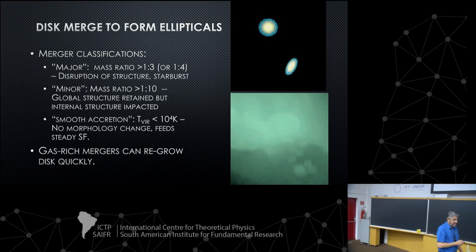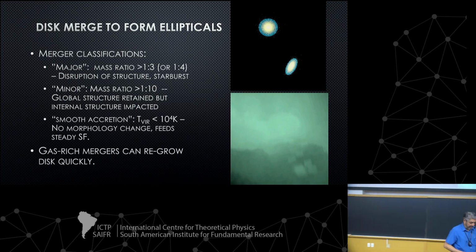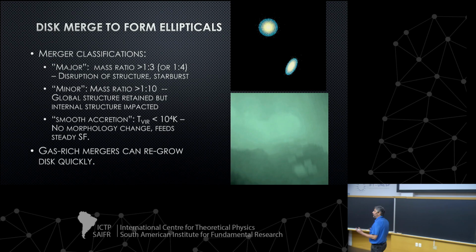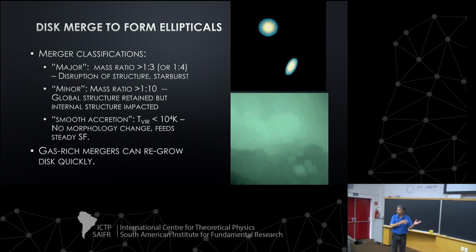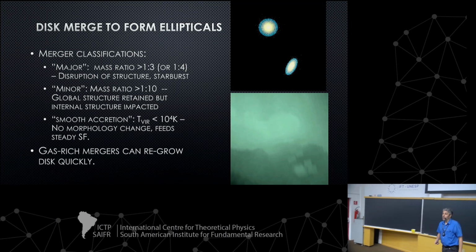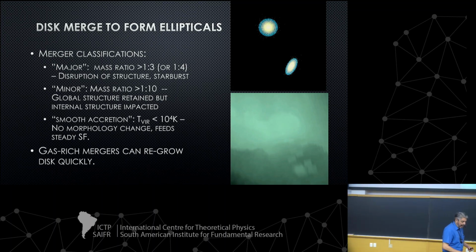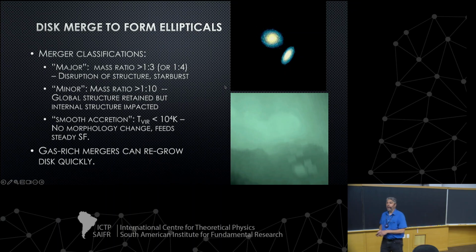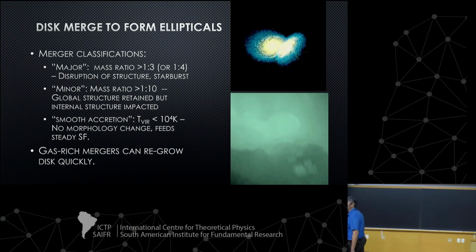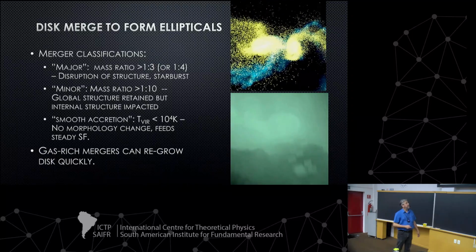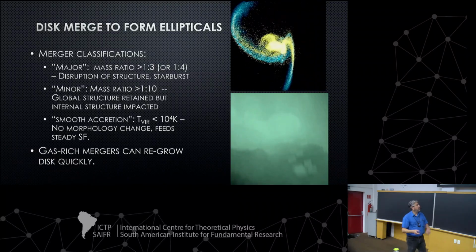Okay, the last thing I just wanted to show, because it's fun, and again, it's going to be important. We know that galaxies are in disks and are in ellipticals. How does that happen? Well, as you probably are aware, you can smash two disks together, and you can get an elliptical. So this is just a little simulation of two disks being smashed together, all kinds of nice views and things like that.